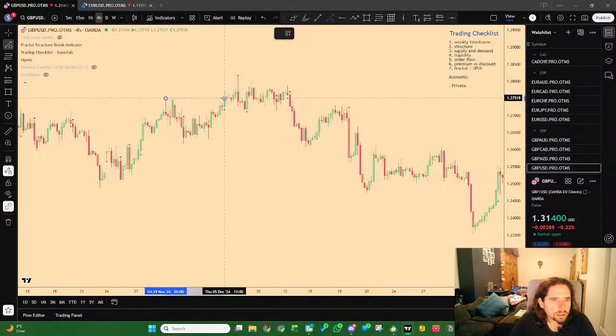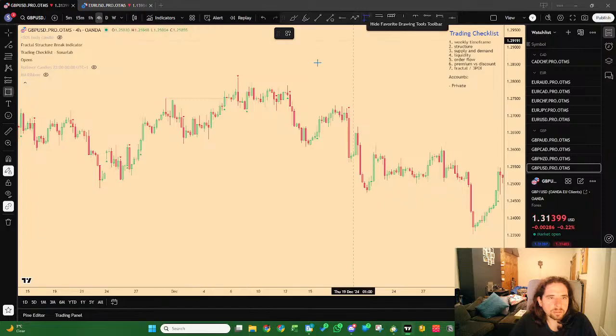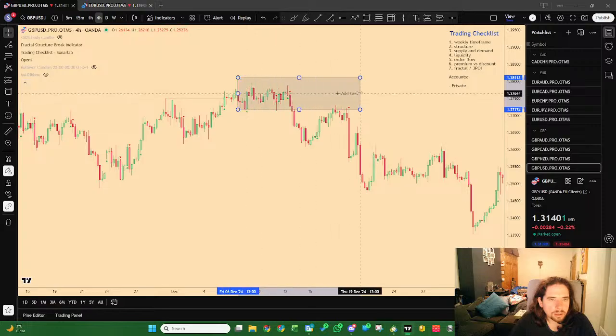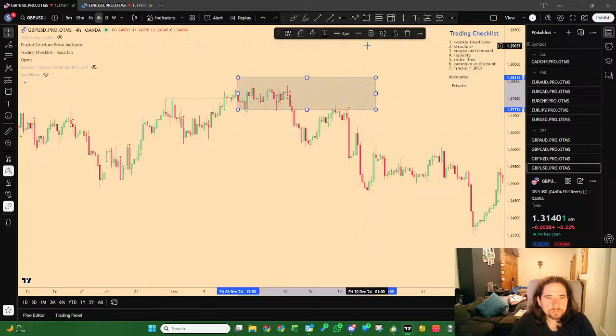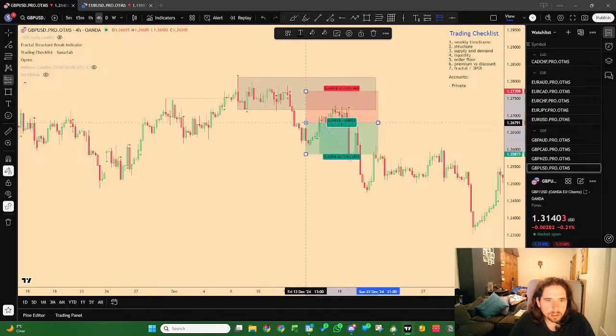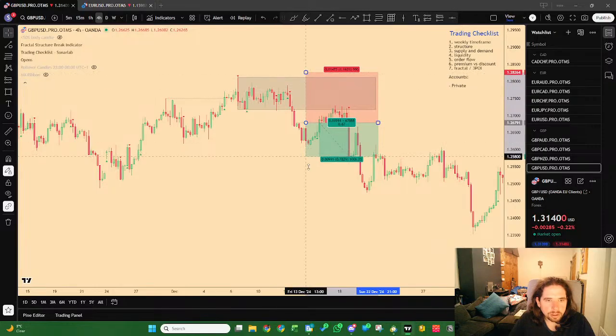So you take liquidity with this area of supply and demand, somewhere around there. Then you have liquidity here. So you put in a sell on there, just above that, and you target at 2 to 1.